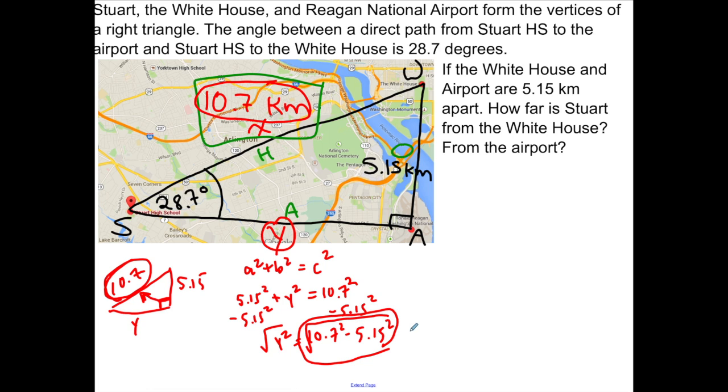And when we do that, we get the answer is 9 point nasty. So I'll put it in 3 sig figs, 9.38 kilometers. Again, this is an example of a real world problem, but if you see, the very basis of it is what we've already learned, which is the trig functions, the trig ratios, and Pythagorean theorem.